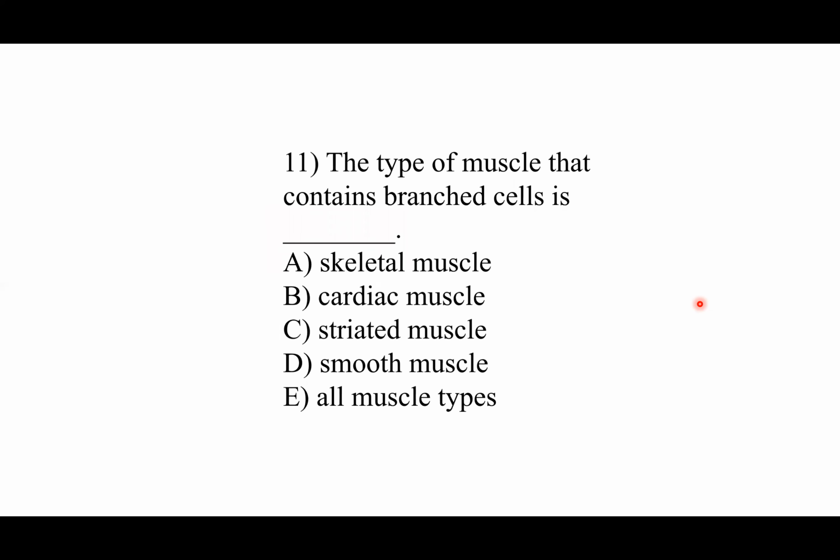The type of muscle that contains branched cells is B, cardiac muscle. This one you really just have to remember the shape of the different cells in muscle tissue. There's a good picture, I think, in the chapter 39 presentation.